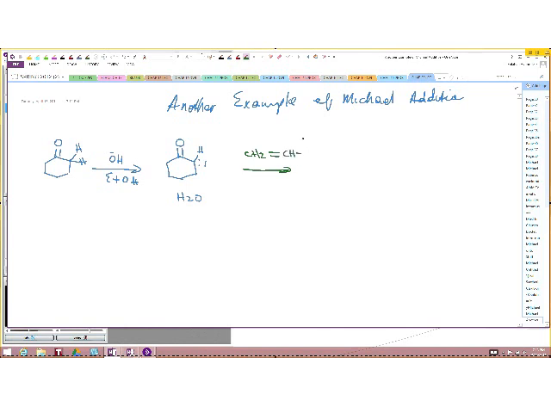Supposing I take this alpha beta unsaturated molecule, what do I get? This enolate attacks this here. This pi electron goes to the alpha carbon, and I have this.